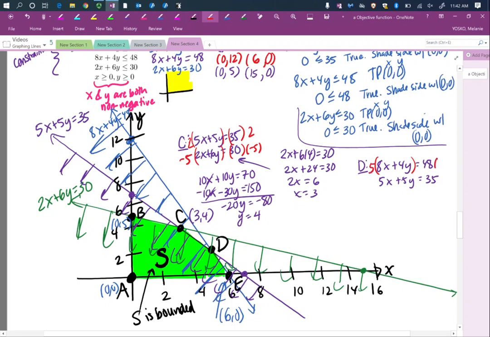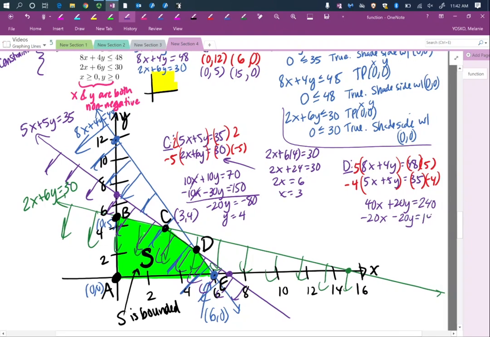I'm going to multiply the top one by 5, and the bottom one by a negative 4. When I do this, I get 40x plus 20y equals 240. And if I do the bottom one, I get negative 20x minus 20y equals negative 140.